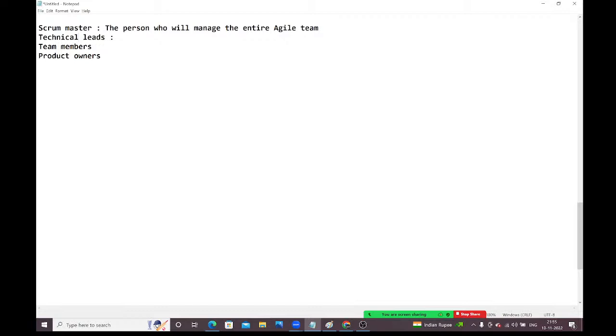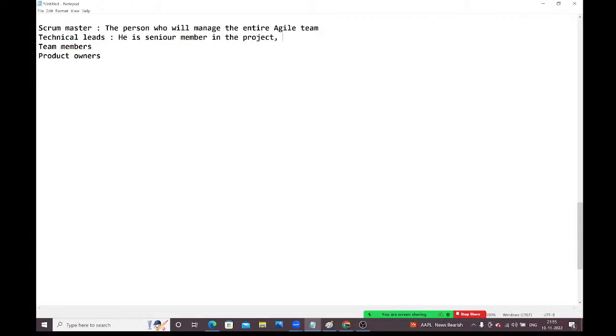Technical leads means what? Just a senior resource in the project, a senior team member in the project who will help the other team members. Technical lead is the senior resource, guys. Senior member means from long term he is working in this project.